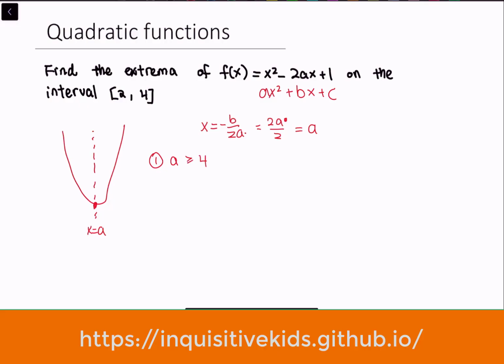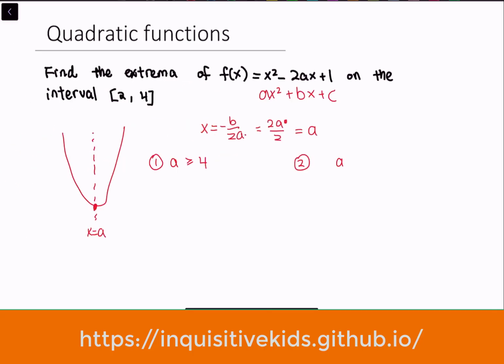The second case is when a is between 2 and 4. These are the two values on either end of our interval. And the third case is if a is less than or equal to 2.